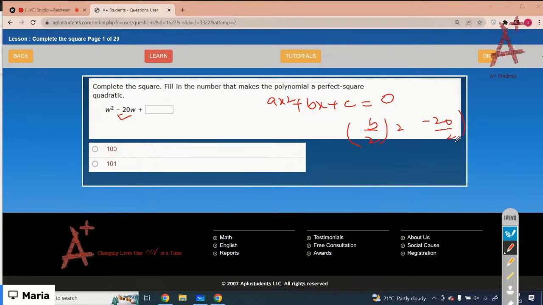Negative 20 over 2 is negative 10, so just add negative 10 square in the equation. It would be w square minus 20w plus (negative 10) whole square. So (negative 10) whole square is 100. It would be w square minus 20w plus 100. So the number that makes the polynomial a perfect square is 100. Got it? So the correct option is 100.